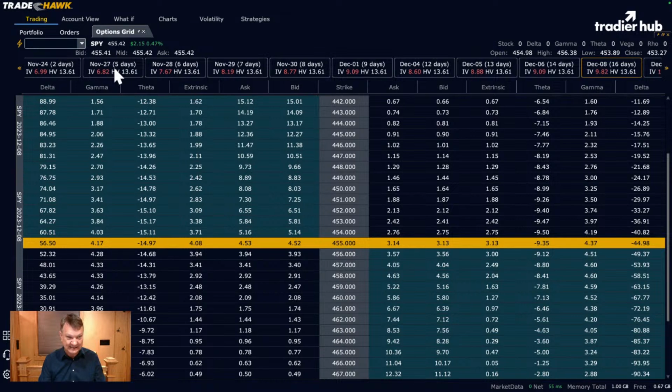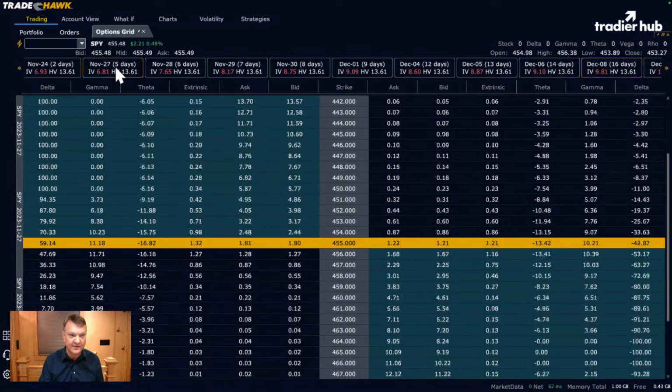In this instance, what's going to happen to the in-the-money option's delta? Let's focus on the 450. We see that's trading around 74. And then let's also look at the 460, and that delta is around 35. Pay attention to those and look at what we have for gamma and what we have for theta. Okay, so let's come back. We're on the call side of things.